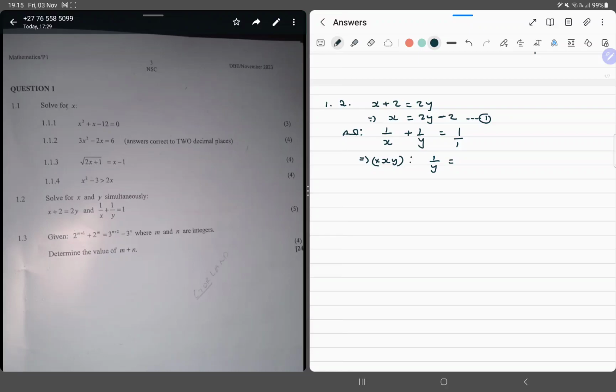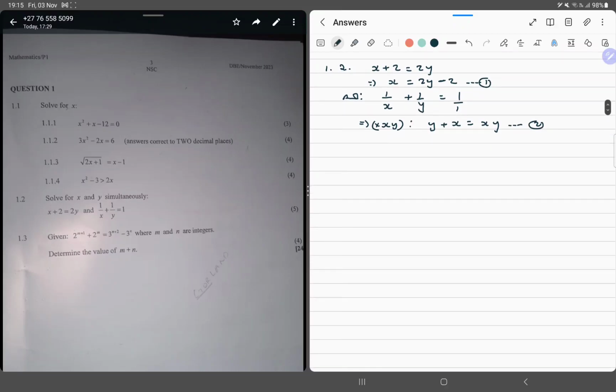So you multiply by xy there, x cancels, we remain with y, plus multiply by xy here, y cancels, x remains. Here it's going to be xy. Okay, great. Here you don't need to sort anything, so we can say this is equation 2. We leave it like that.